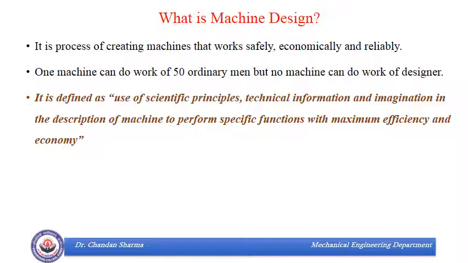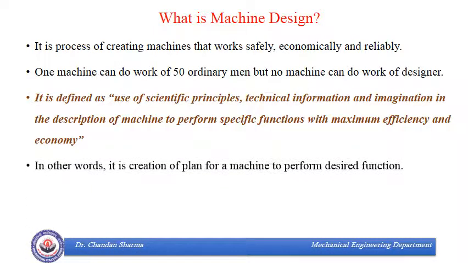So a designer has to have knowledge of all these aspects, then only he'll be able to design the component. In other words, machine design is the creation of a plan for a machine to perform a desired function.